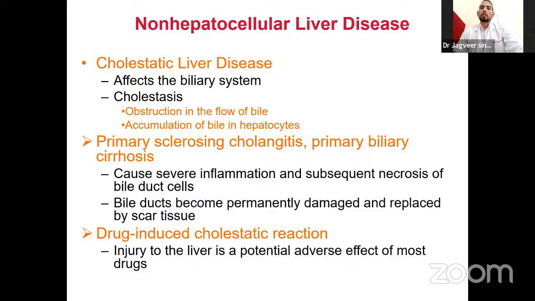This condition is called cholestasis. The diseases that come under cholestatic disease are PSC, primary sclerosing cholangitis, or primary biliary cirrhosis. Some drug-induced cholestatic reactions also occur, which lead to injury to the liver, and they also cause cholestatic types of disease.